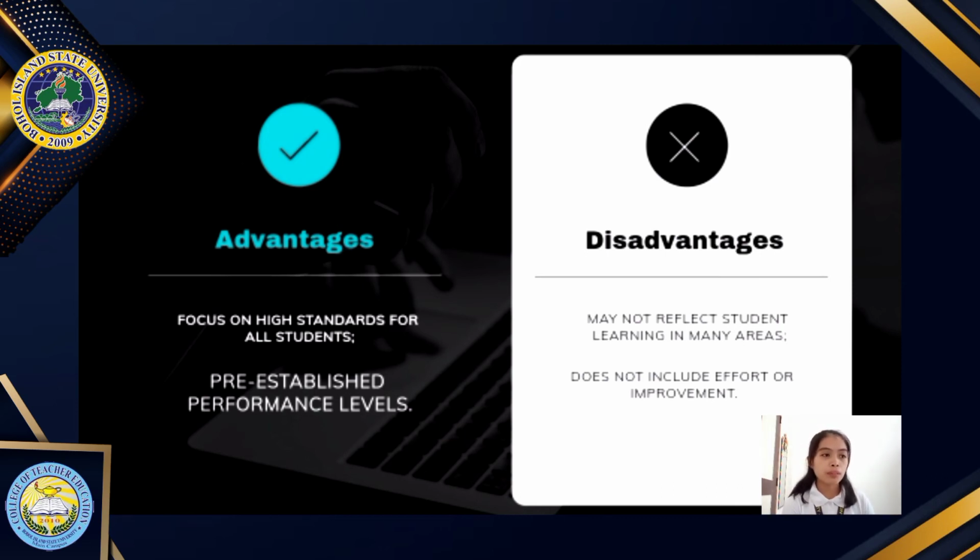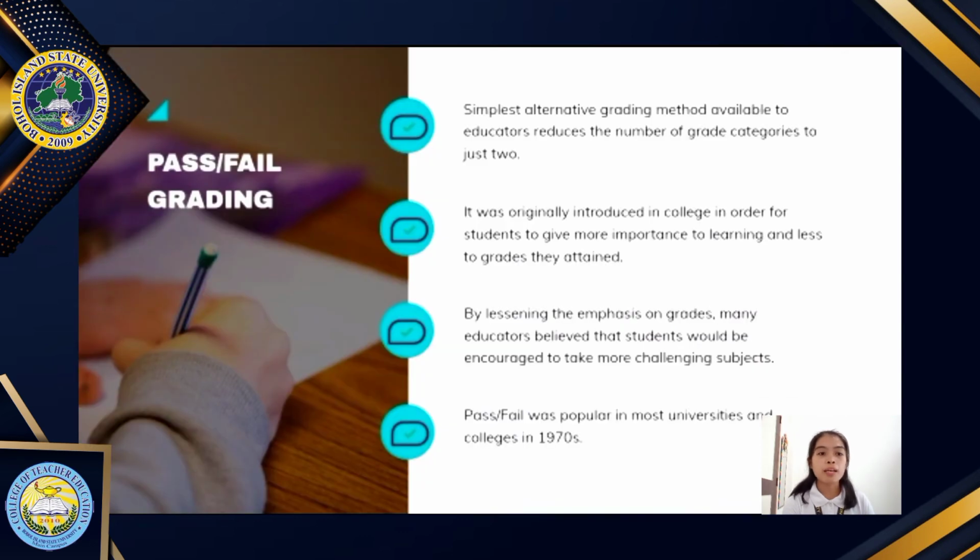So the fourth method is the pass or fail grading. Pass or fail grading is the simplest alternative grading method available to educators, reducing the number of grade categories to just 2, the pass or fail. And it was originally introduced in college in order for students to give more importance to learning and less to grades.